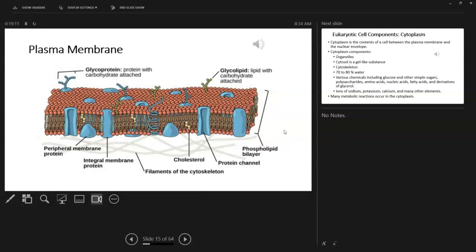Some of these proteins are like ID badges on the cell, so that if this was a cell of your body, these identification markers would tell your immune system that cell is part of your body, and so your immune system should leave it alone. It's not a foreign bacterium or something disease-causing.